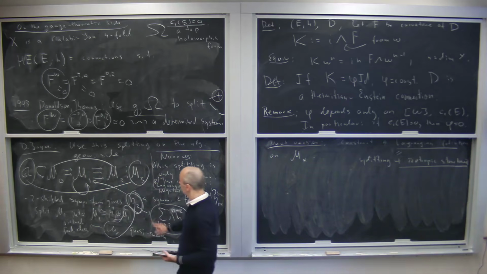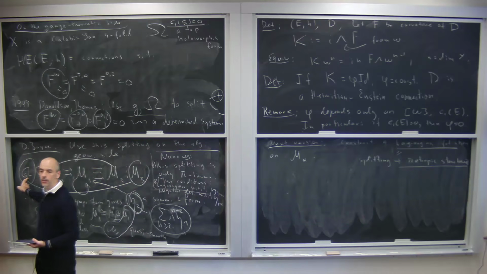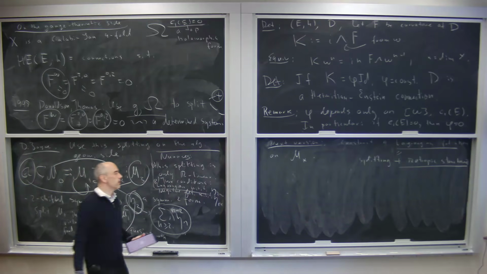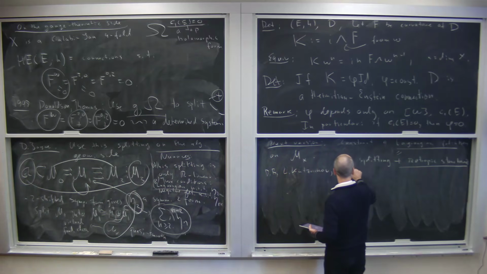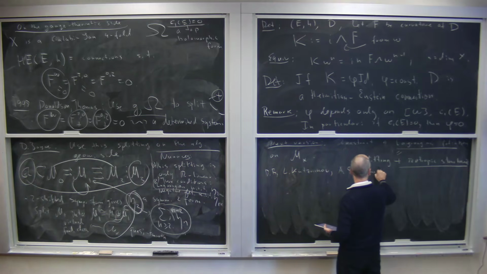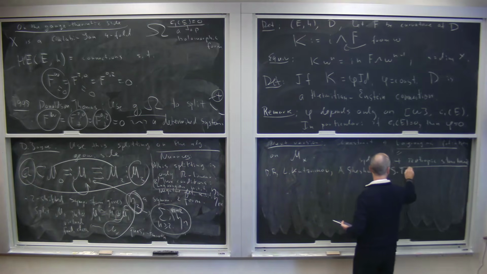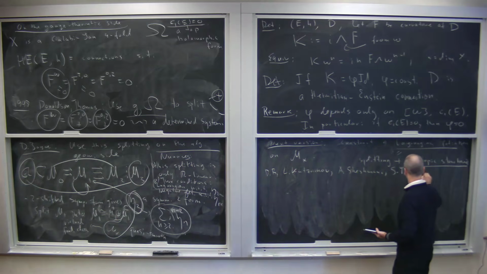Moreover, it was constructed not just for a manifold; it was constructed including the group action. So here was the result by me, Ludmil Katzarkov, Artan Sheshmani, and Shing-Tung Yau.